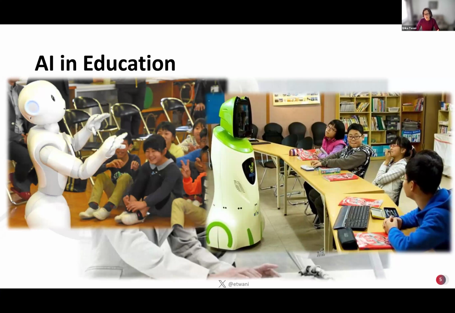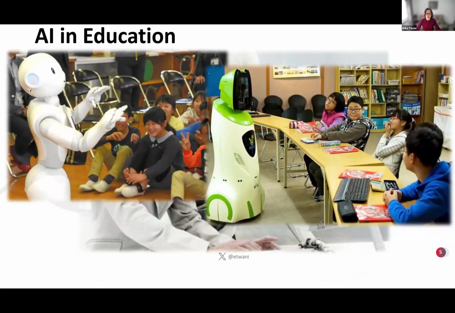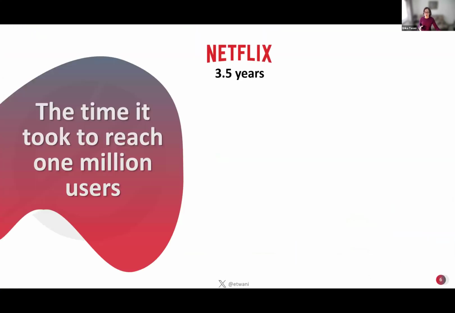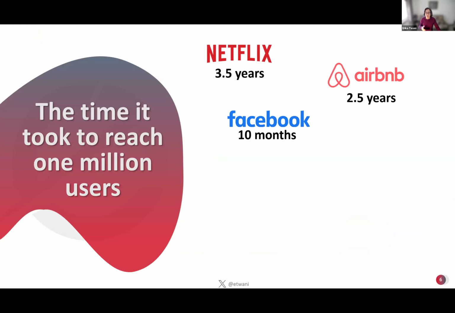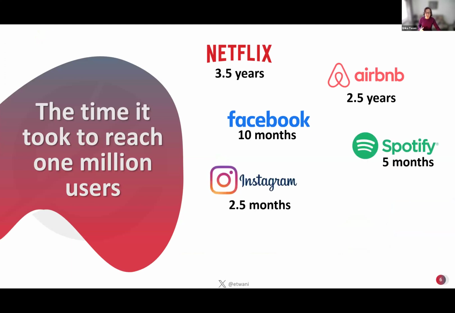We talked specifically about ChatGPT because it was the transformative tool that created this turning point in everything we know about AI. Just for you to have an idea, the time it took to reach 1 million users: Netflix took 3.5 years, Airbnb 2.5 years, Facebook 10 months, Spotify 5 months, Instagram 2.5 months, the iPhone 74 days, and ChatGPT only 5 days.